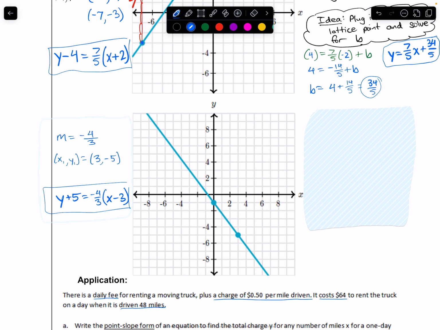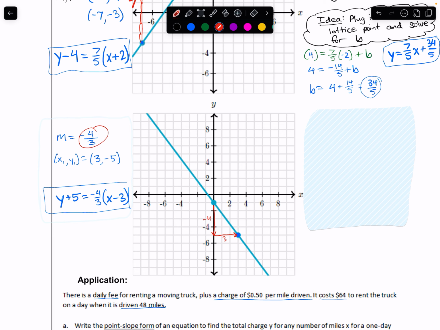Okay, if you chose to use point slope form, I chose to use this point here as my x1 and my y1, and in my slope triangle, I went down 4 and to the right 3, so that's -4 over 3. So that's how we got this slope here.